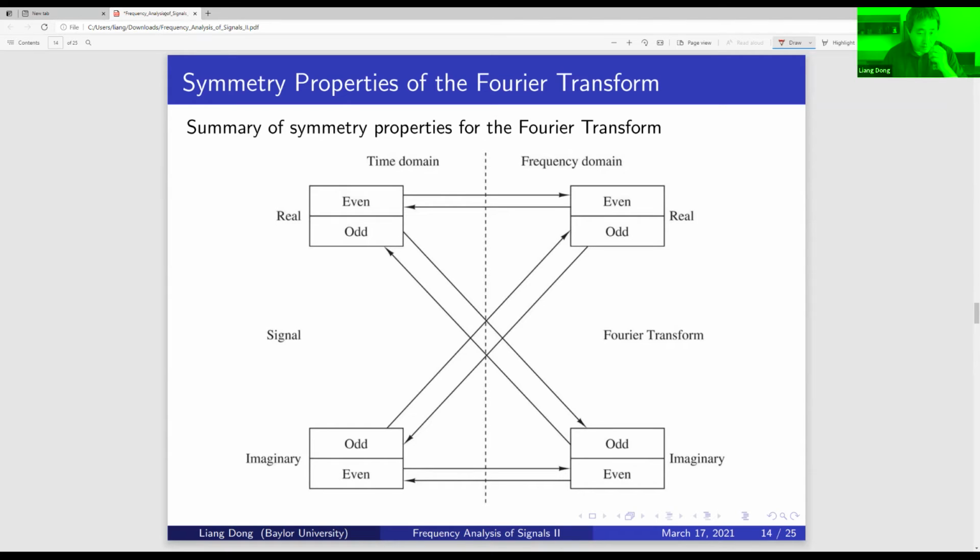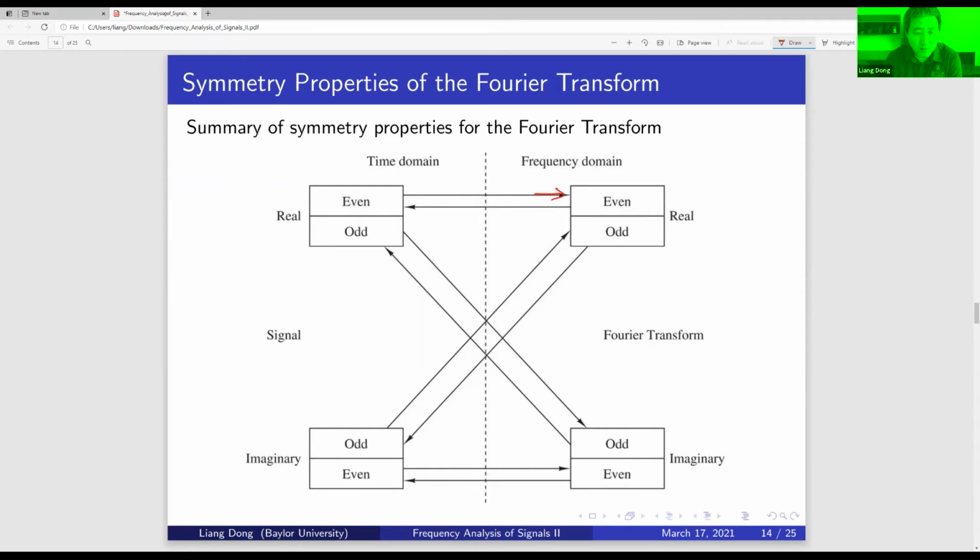Then we come to this nice chart about the properties of symmetry. Summary of symmetry properties of the Fourier transform. In the time domain signal, if it's a real signal, if it's even, and then if it's real and even, we know the frequency domain signal comes here. That is also the real part is even, and I don't have the imaginary part, so it's a real signal.